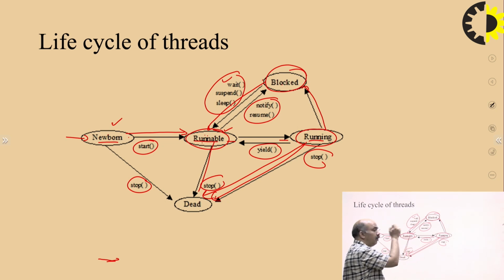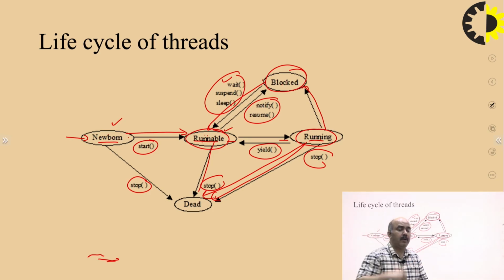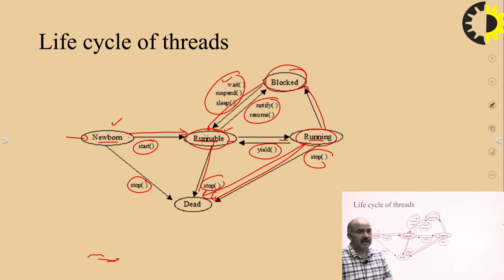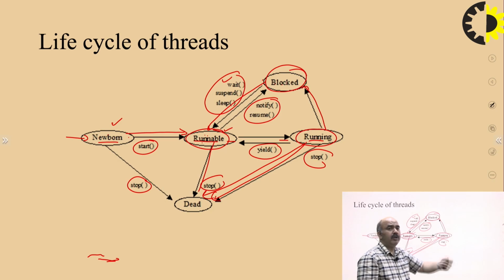There is only a certain space, and it cannot accommodate those threads which are not running. They do not move to the running state; they move to the block state in this case. They have to wait, or they have to be suspended, or they move to the sleep state.